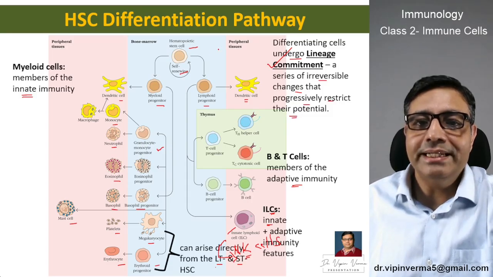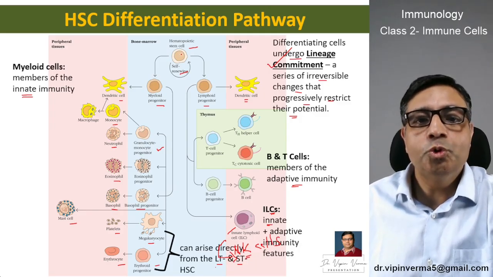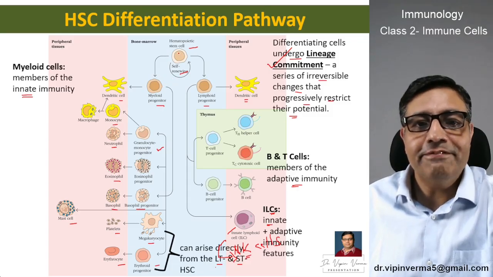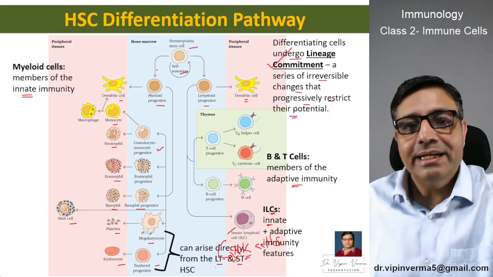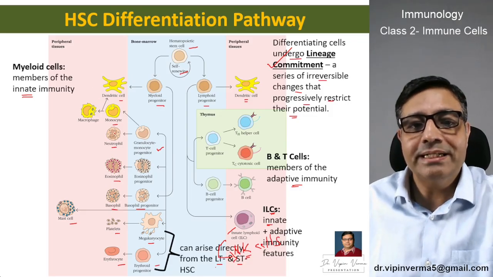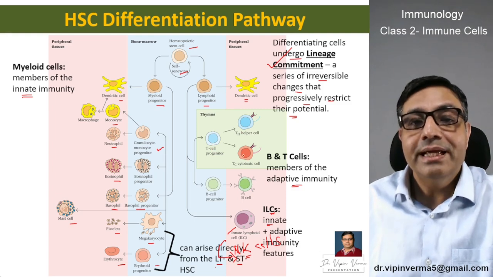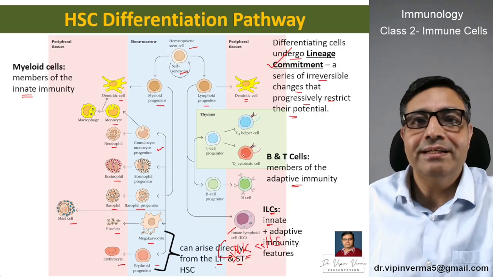So that means the hematopoietic stem cell has the potential to differentiate into any kind of cell. It can differentiate into dendritic cell, monocyte, neutrophil, or into the T helper cell or the T cytotoxic cell. It can differentiate into any cell.